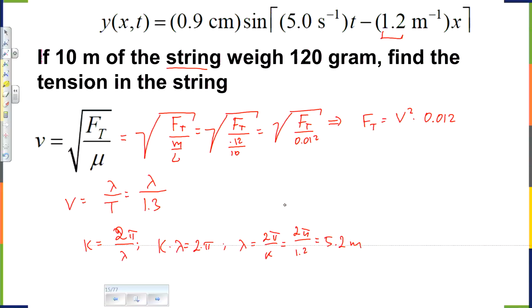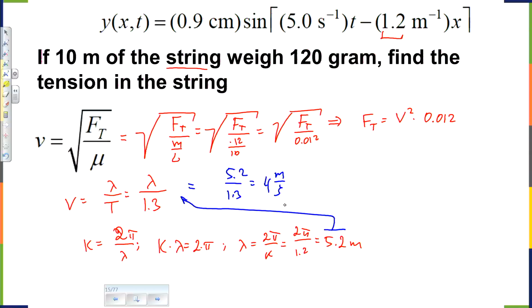meters. So now we can use this number back in this equation for calculating speed. About 4 meters per second. And now we can calculate what was tension in that string. 4 squared times 0.12.